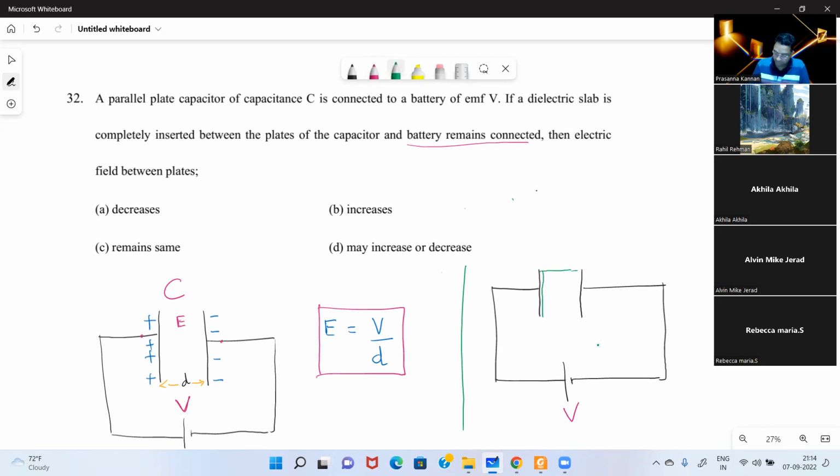So you're going to insert a dielectric slab. Now, whenever I insert a dielectric into a capacitor, does the formula for finding capacitance change, or is it still the same?